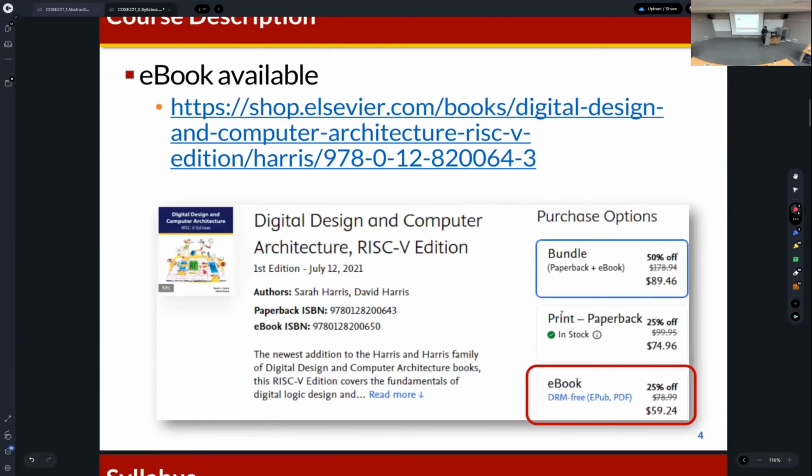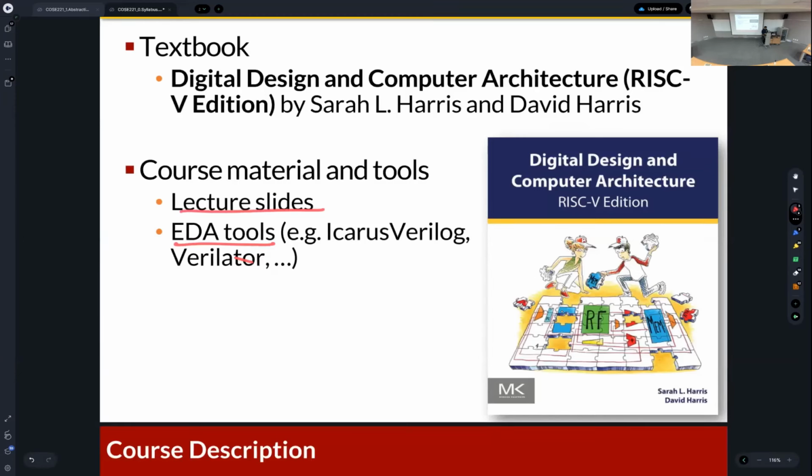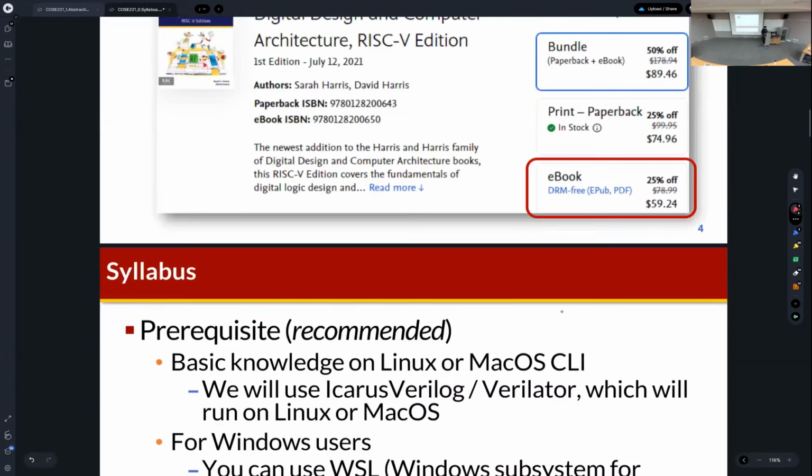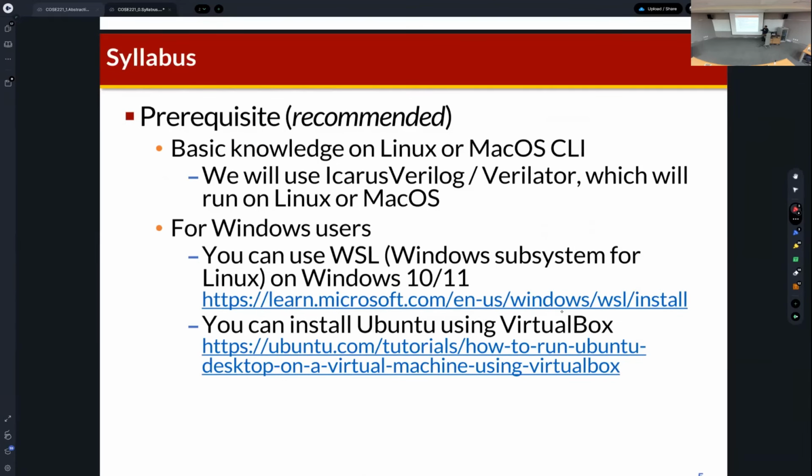I selected these tools because they can be run on Mac OS also. I believe many students recently have a MacBook or some Mac systems, and unfortunately, we can use these free tools on Mac OS. But just remember that we require Linux operating systems or Mac OS to run EDA tools.